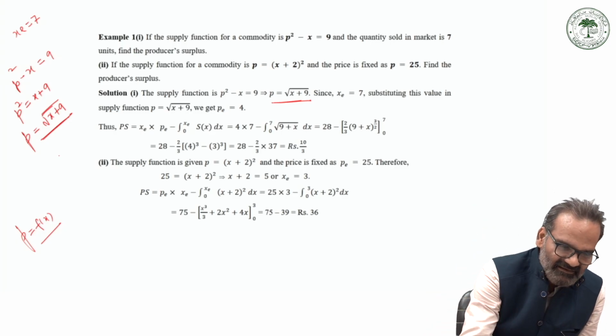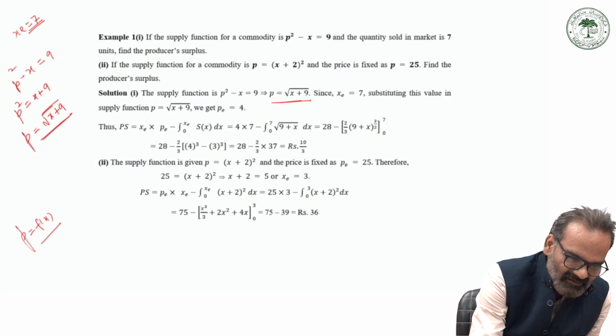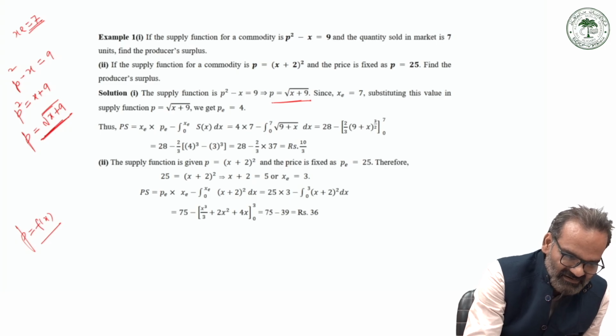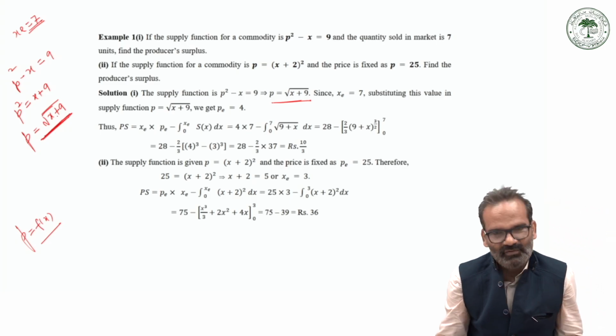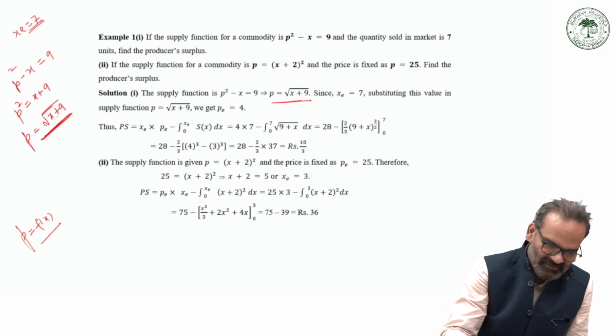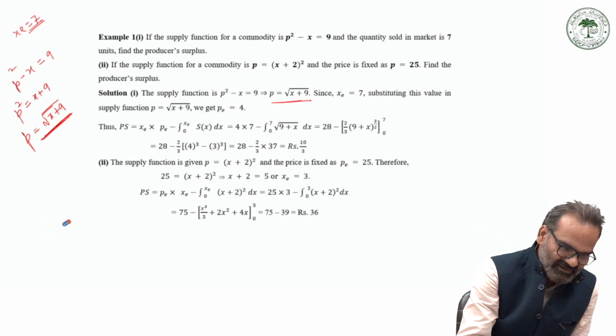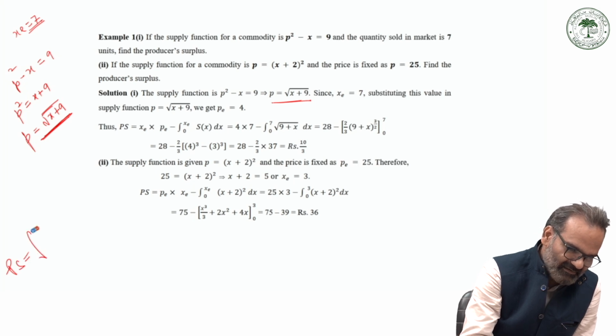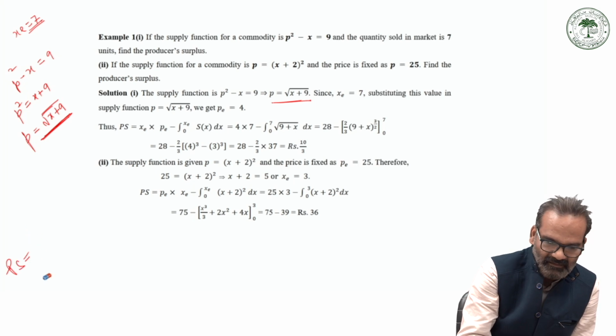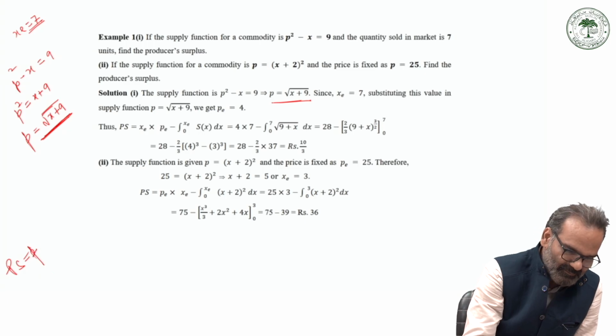So XE here is given as 7. The supply function is this. Now you know the formula to determine the producer surplus: PS is equal to PE into XE minus the integral from 0 to XE of the supply function dx.